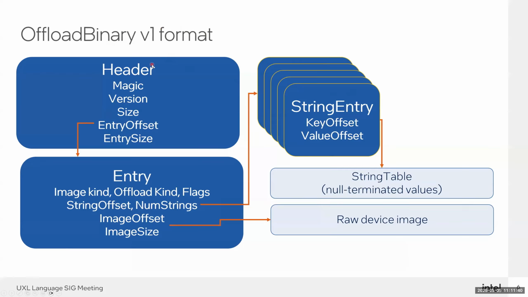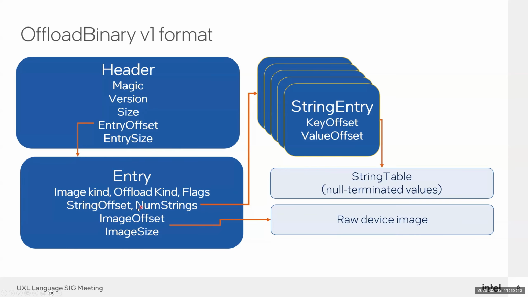It has a header with metadata, and it provides the size of the entire binary and also an offset to the entry, which contains metadata for the device image, and the entry size. So it allows you to read the entry, and then the entry contains additional metadata about the device image.